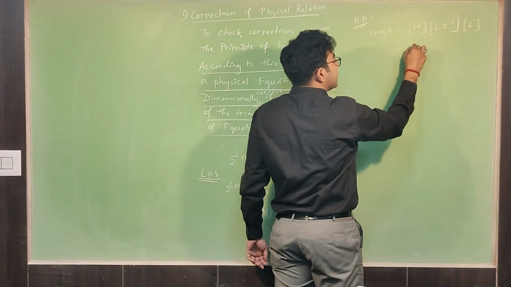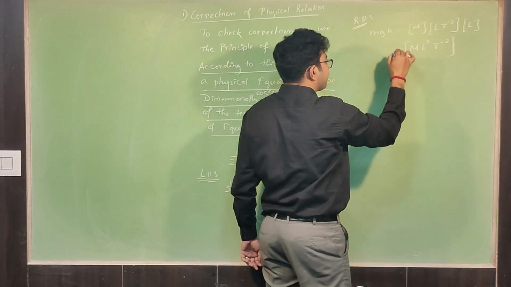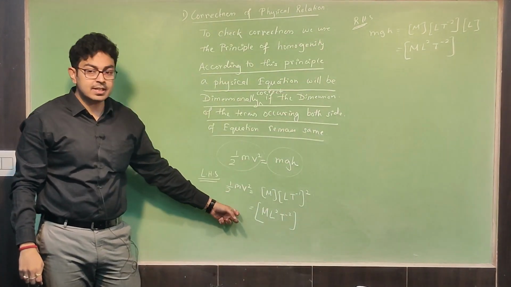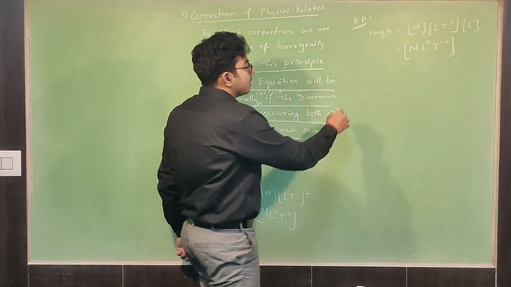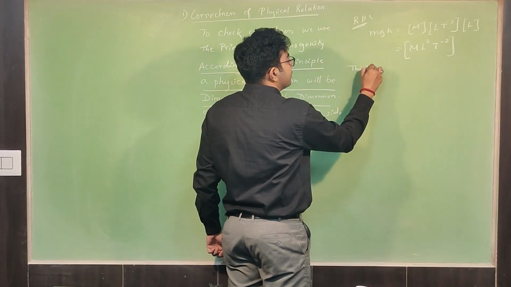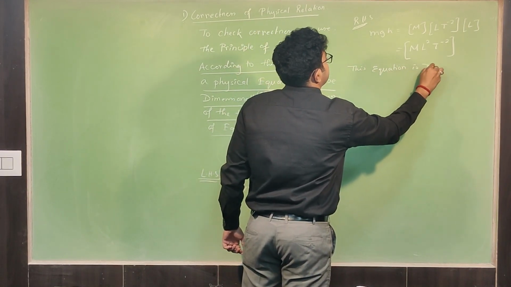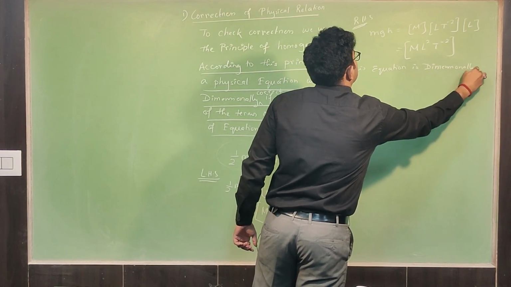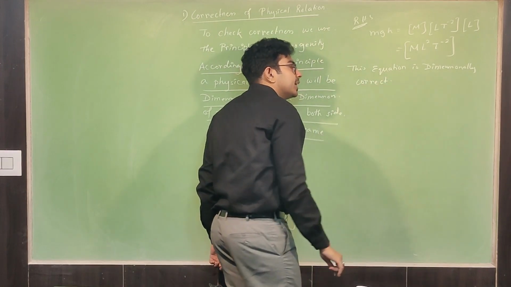So we are getting M L square T to the power minus 2. So you can see right hand side dimension and left hand side dimension are both the same. That means this equation is dimensionally correct.